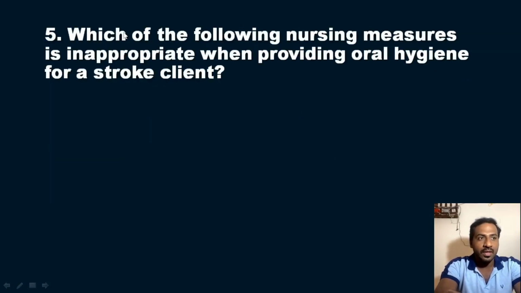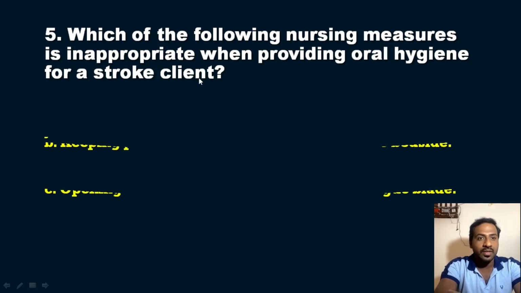So the fifth question, which of the following nursing measures is inappropriate when providing oral hygiene for a stroke client? Okay, so in the neurological ICUs and all, many of the patients admitted will be stroke patients, and it is a very important question. Which of the following nursing measures is inappropriate when providing oral hygiene for a stroke client?